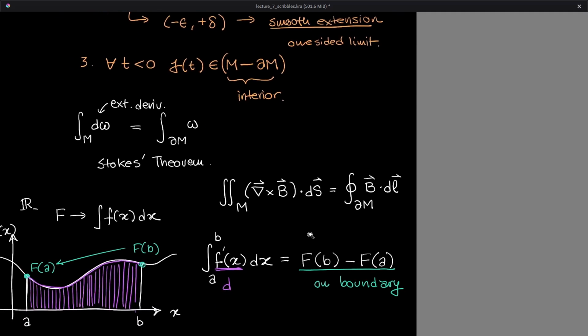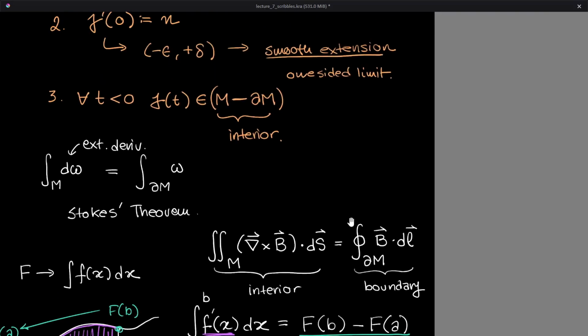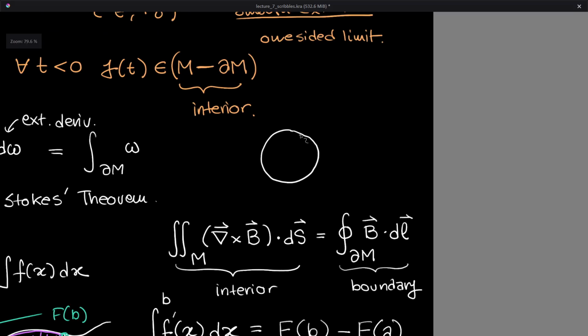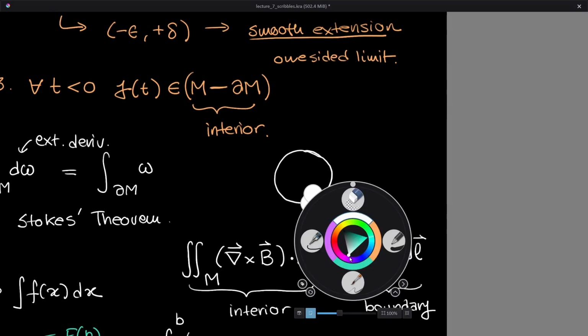So this is the evaluation on the interior, and this is the evaluation on the boundary. This is what happens when you have a surface, an area, and you have a line integral on the boundary.